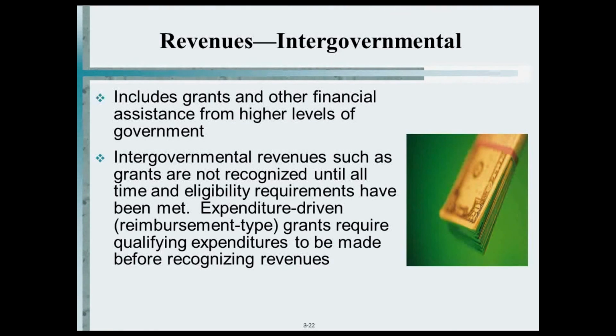The government sends you another check for $200,000 and says $100,000 you can use this year and $100,000 next year. Can you book the entire $200,000 this year? No. When you receive the cash, $100,000 goes into deferred revenue for next period. That's what time and eligibility requirements are. Okay?